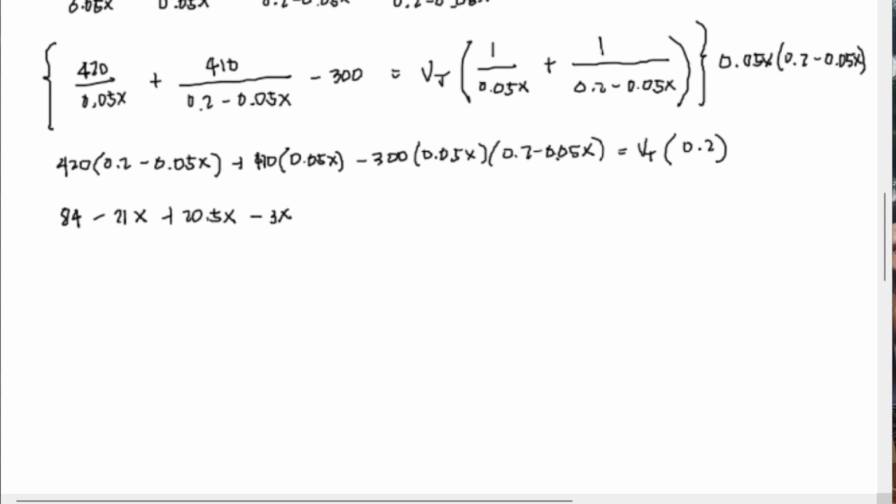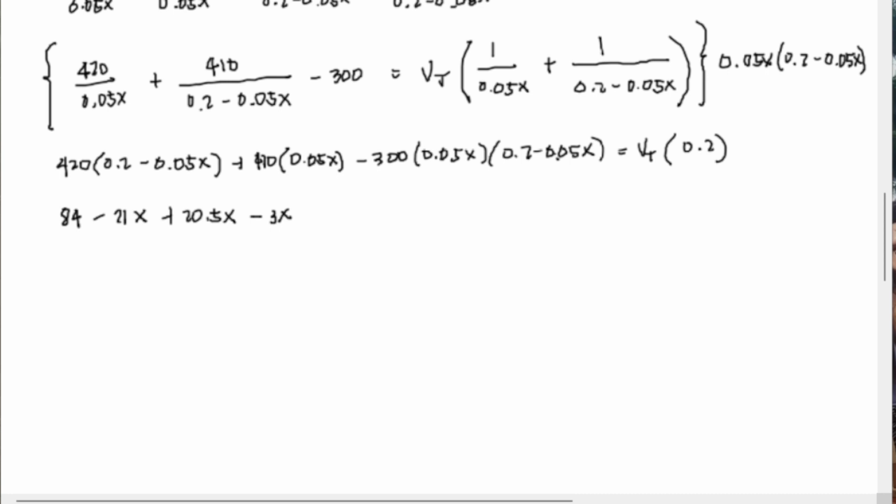Okay, let's check. 300 times... so tama, 3x, tapos yung sa kabila negative and negative, positive na. 300 times 0.05 times another 0.05 is 0.75.